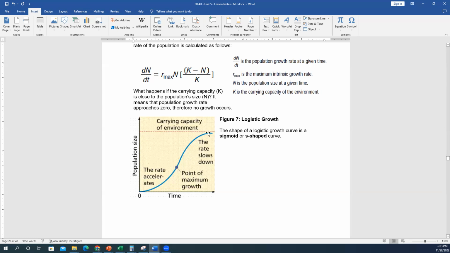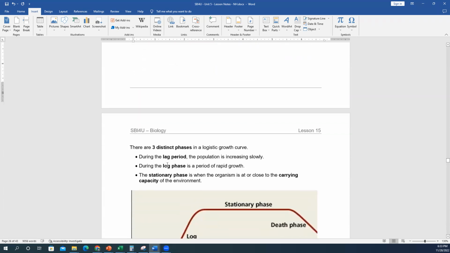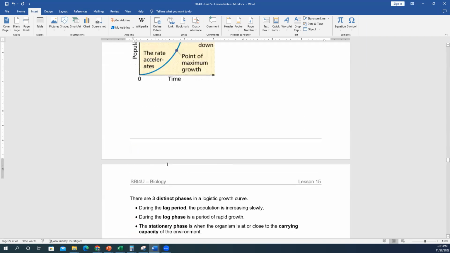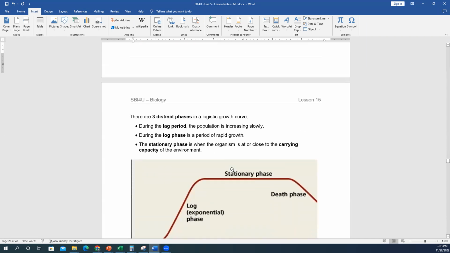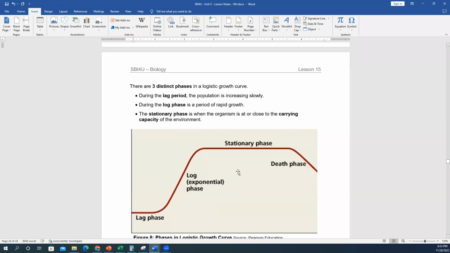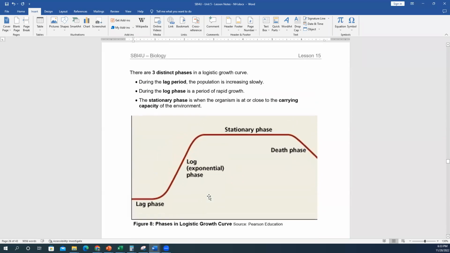Where it starts to plateau and level off, that's the carrying capacity of the environment, that number there. So this is just a very stylized, idealized shape of a growth curve. Maybe we might see something a little bit more like this.